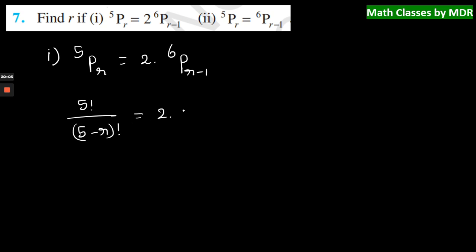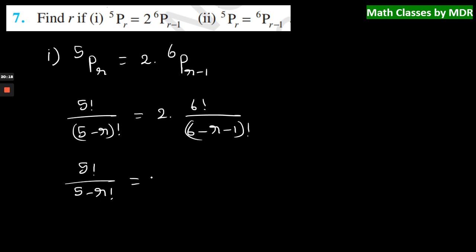And then 2 into 6 factorial by (6 minus (r minus 1)) factorial we have here. Right? So further I can write this as 5 factorial by (5 minus r) factorial equals 2 into 6 factorial by 6 minus of (r minus 1), so 6 minus r plus 1, so that is (7 minus r) factorial.